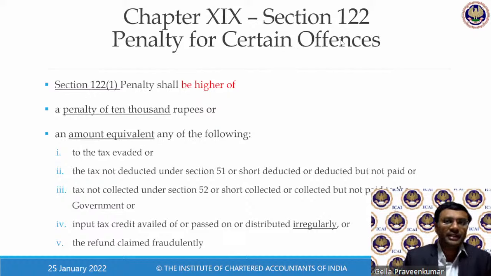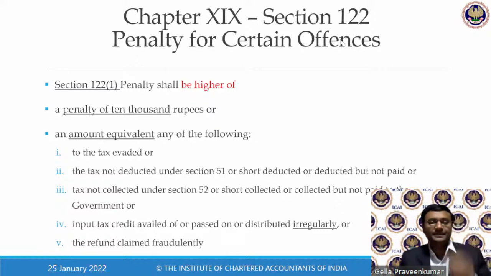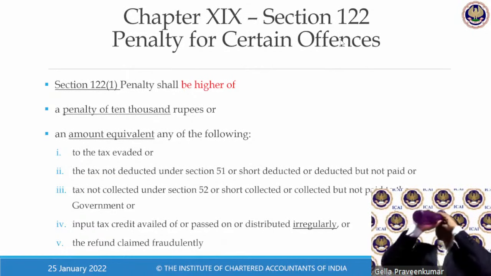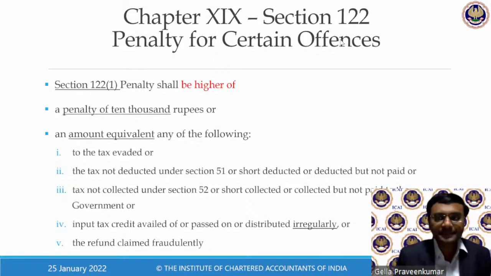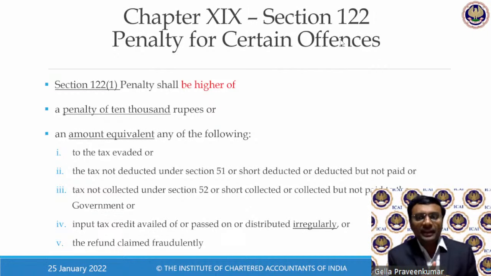Before I go to Section 123, let me see quickly if there are any questions so far. Sairam says, in relation to invoice trading, raising a dummy invoice without actually supplying goods or services.